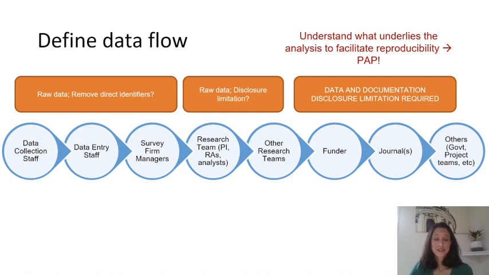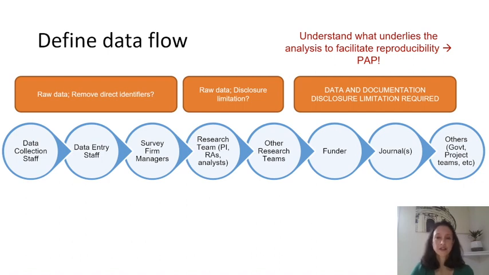Now, all of this is complicated by the fact that we're not just aiming for data sharing as a deliverable or to just be posted with the paper. We're aiming for data sharing for reproducibility purposes. And so part of this is really thinking through, okay, well, how do we keep the data that underlies the analysis as close as possible to the data that can be shared or shareable?